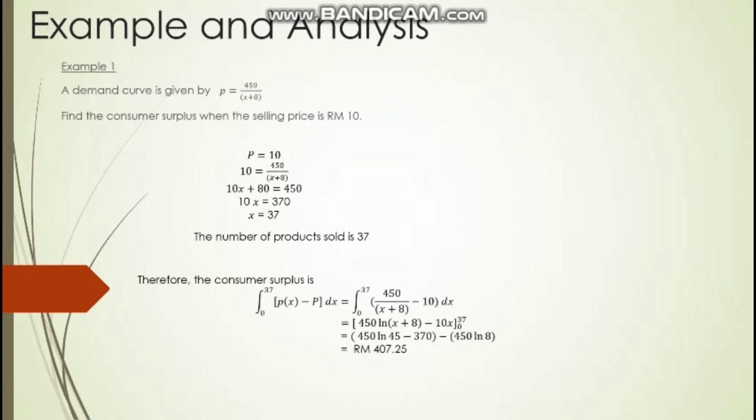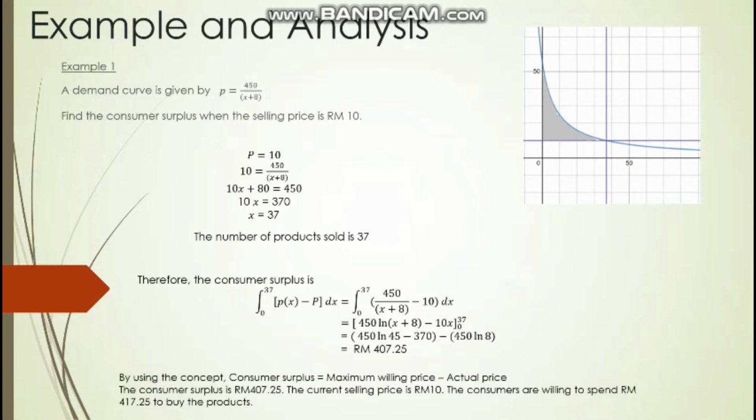Therefore, the consumer surplus is the integral of P(x) minus P, and the lower and upper bounds of integration are 0 and 37. Finally, we obtain 407.25.